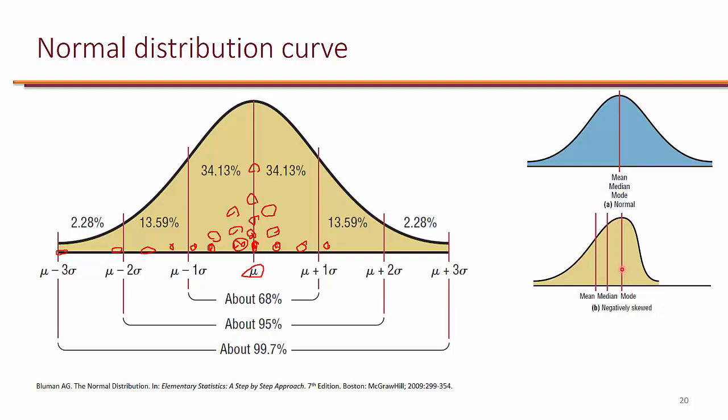You can see this either negatively skewed or positively skewed as the data tend to go to the left or right. These are more complicated to interpret, so for simplicity, we're just going to talk about normal distribution.